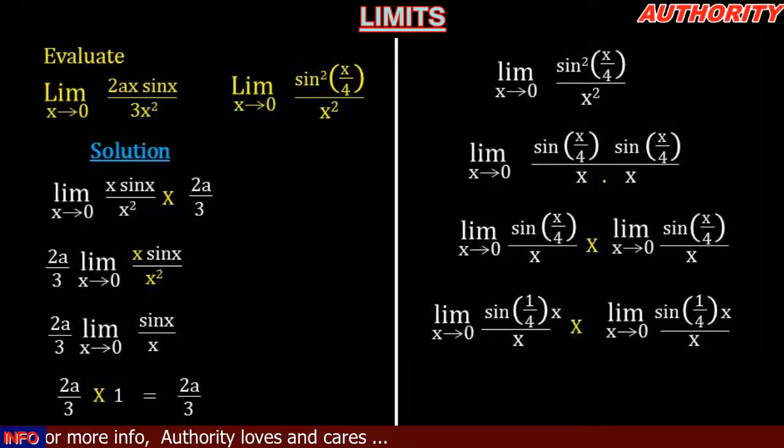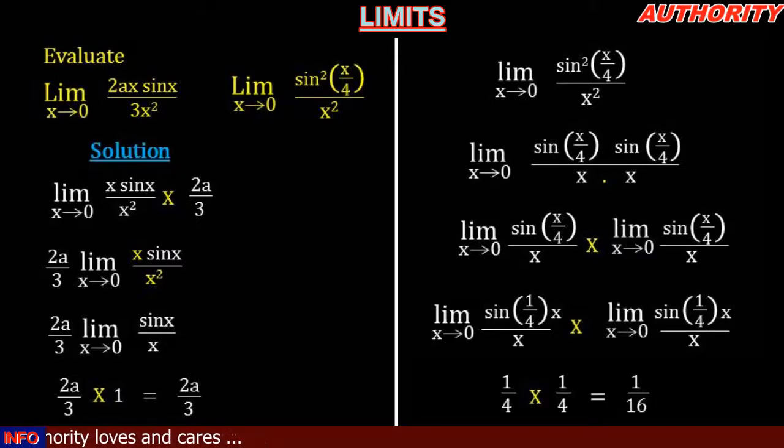Now, we say that anywhere we have limit as x approaches 0, sine x all over x is equal to 1, and the limit as x approaches 0, sine px all over x is equal to p. So here we have limit as x approaches 0, sine of (1 over 4)x all over x. What is it going to give us? It's going to give us 1 over 4.